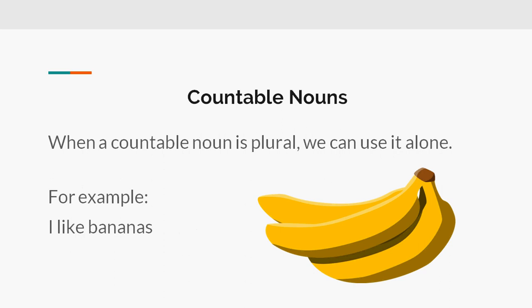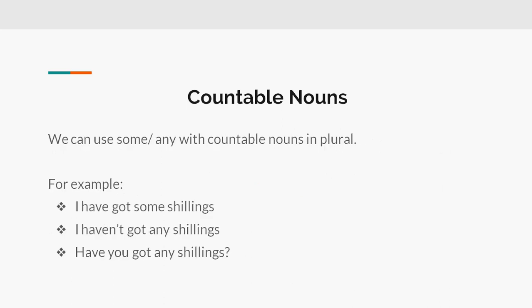When a countable noun is plural, we can use it alone. For example, I like bananas. I like apples, and so on. We can use some and any with countable nouns in plural.